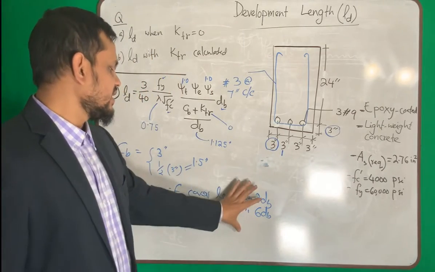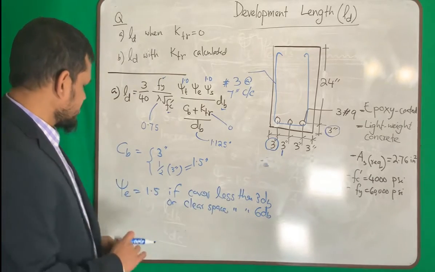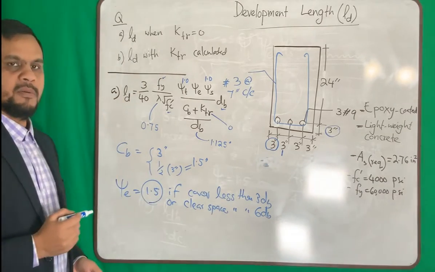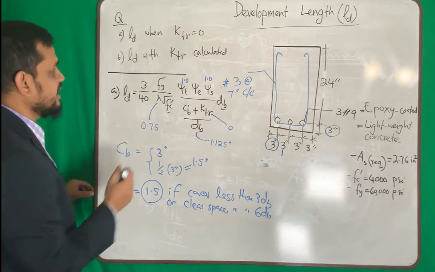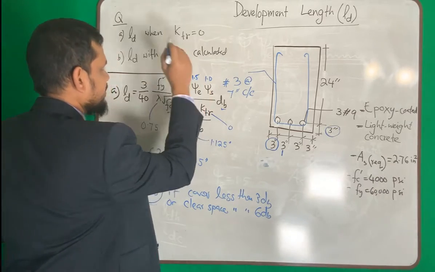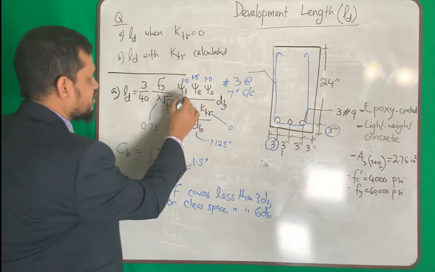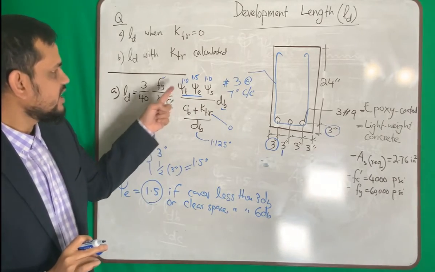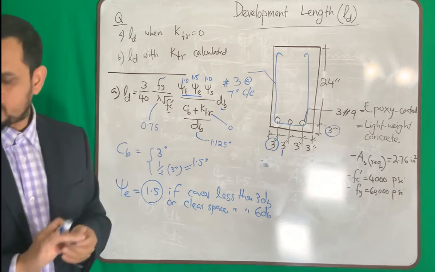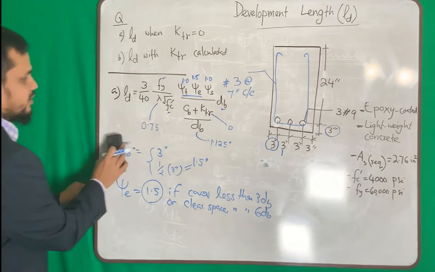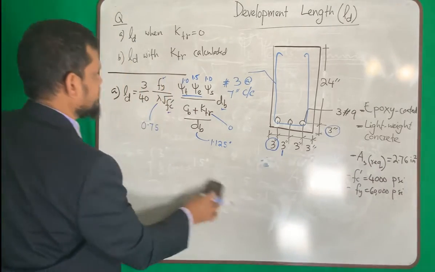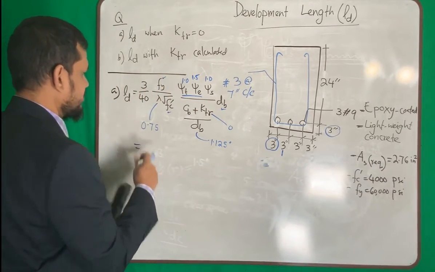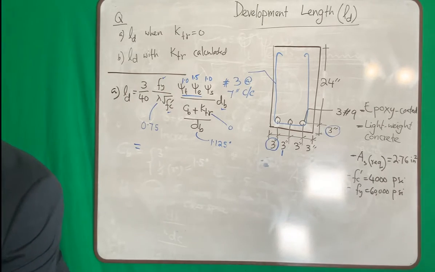So it is clear that this one applies. So psi E is 1.5. Now the product of these two cannot exceed 1.7. Yes, they are not exceeding 1.7, so they are good. Okay, so if I do the calculation, I don't know how much I will get. So I'm doing it very quickly.